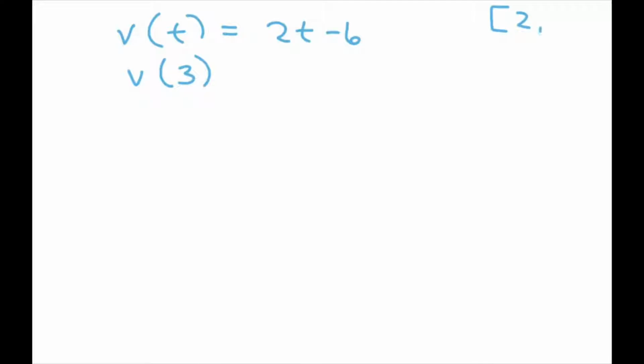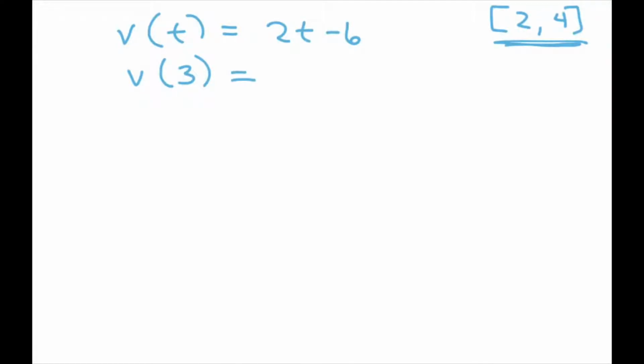So the velocity of t would equal 2t minus 6. Now, the velocity is negative. Let's plug in 3, because 3 is in between 2 and 4, because we want to divide this up.